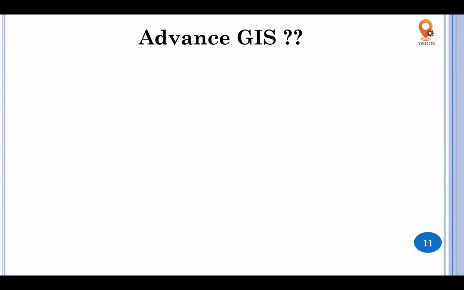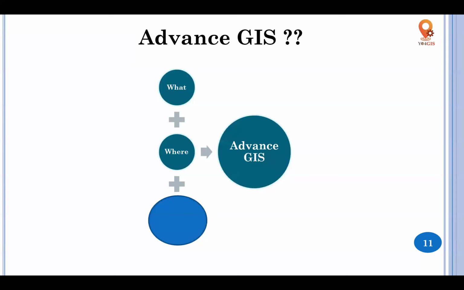Now after that, we have the advanced GIS. What is the meaning of advanced GIS? First, when we are creating data, as you know, we have the answer for what and where, meaning what you have and where you have it. Where is the hospital?